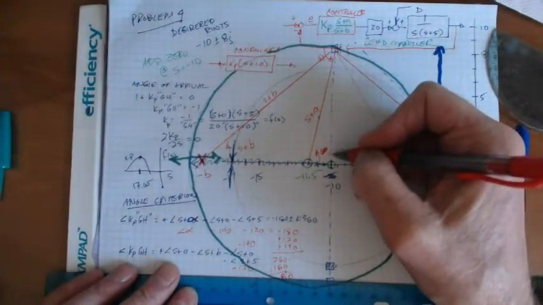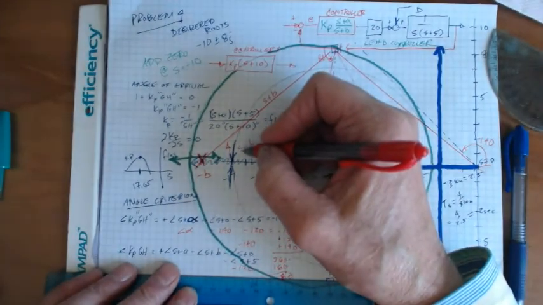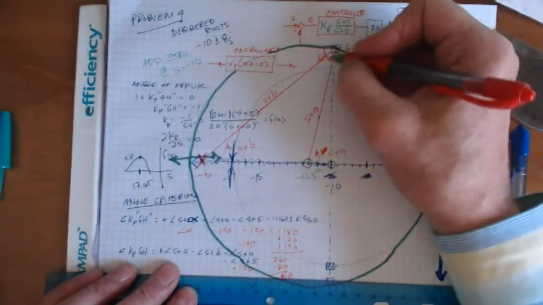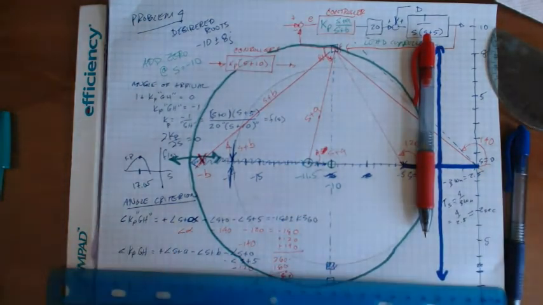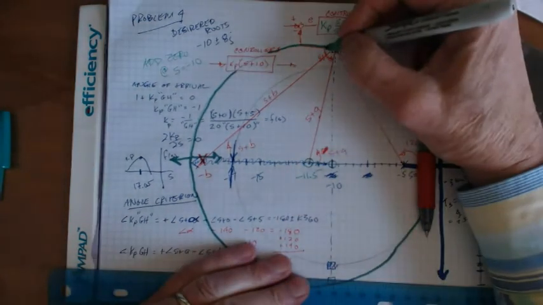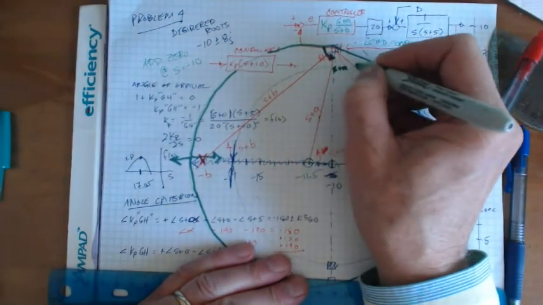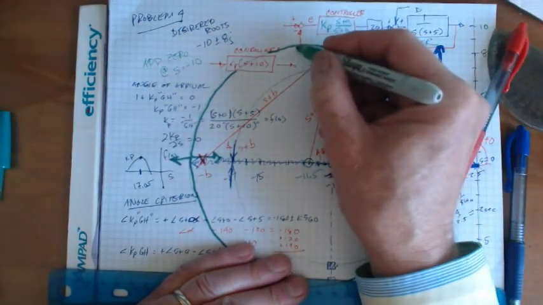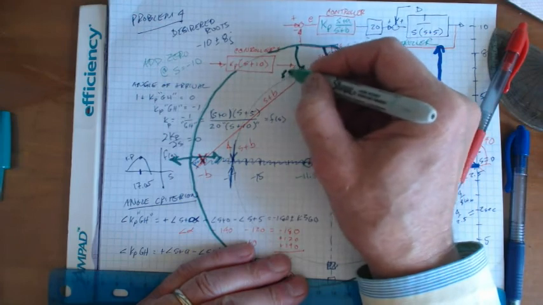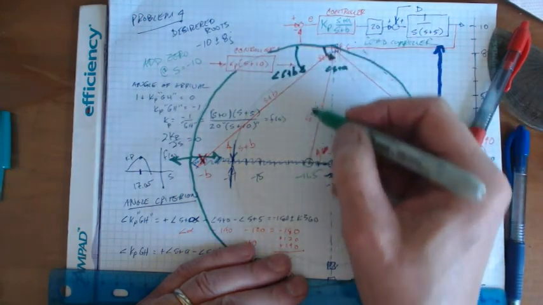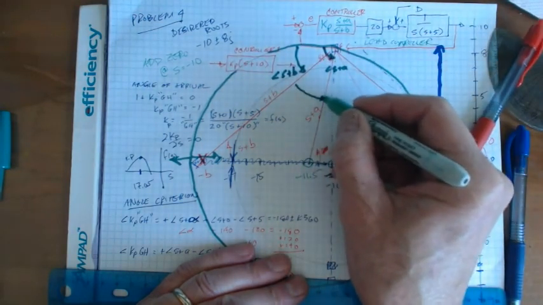So if this is the angle of S plus A and that's the angle of S plus B, then this is the angle, here I'm going to do it in a different color. This is the angle S plus A, and this is the angle S plus B. So guess what this angle is right here?